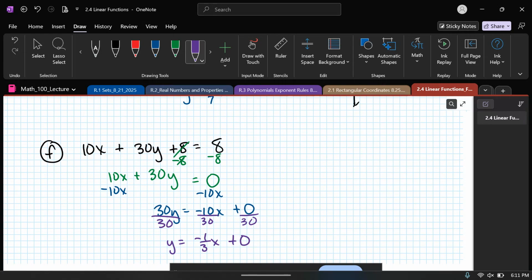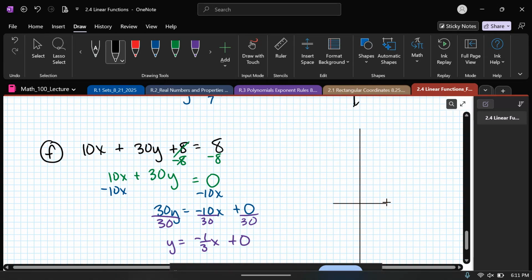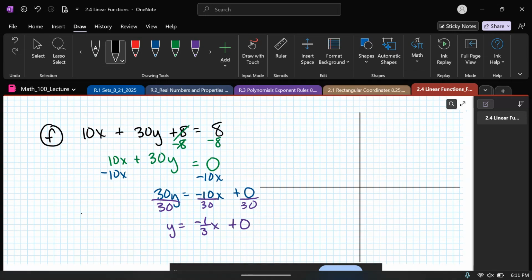Now I'm going to graph it on the coordinate plane. So there's my coordinate plane. Where do I start? 0, 0. So the origin is my y-intercept. And now what? Down 1, right 3. I could do that a couple of times, or I could go up 1, left 3, as long as one of them is negative.